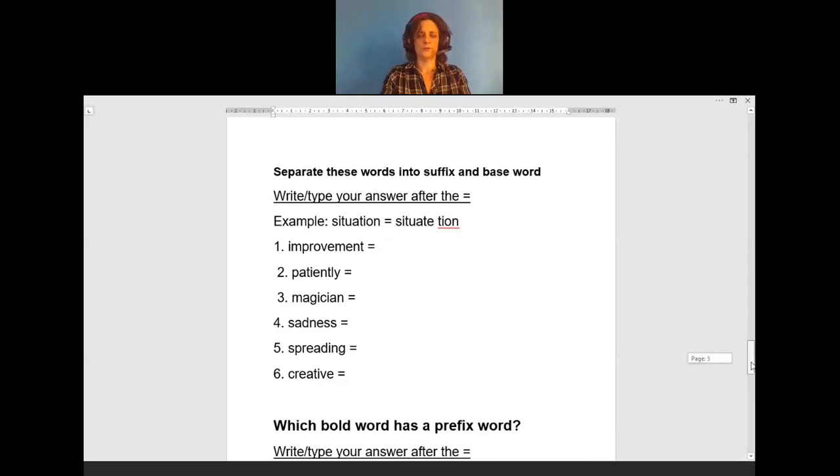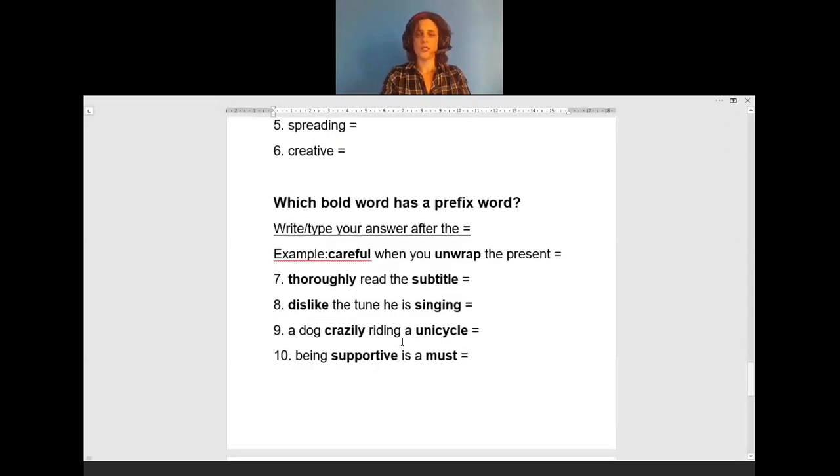Have a go. Now with this one, you just have to pick which one is a suffix word. You can see here, it says the wrong thing. We're going to change it to suffix word. Okay, and your sheet will say suffix word, so it's okay. Here it says careful and it says unwrap. Now unwrap has a prefix.